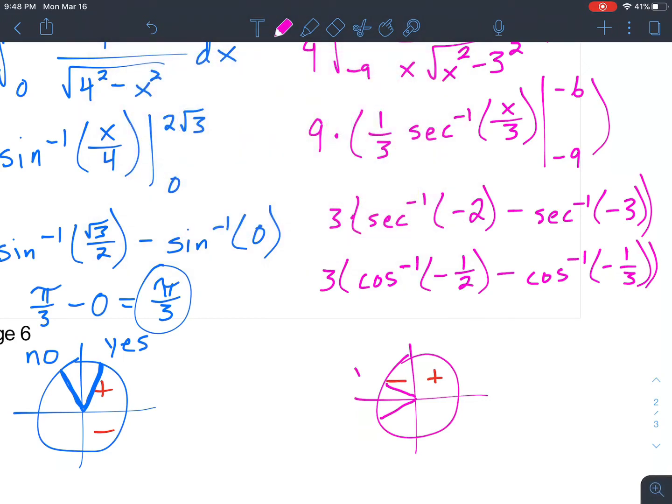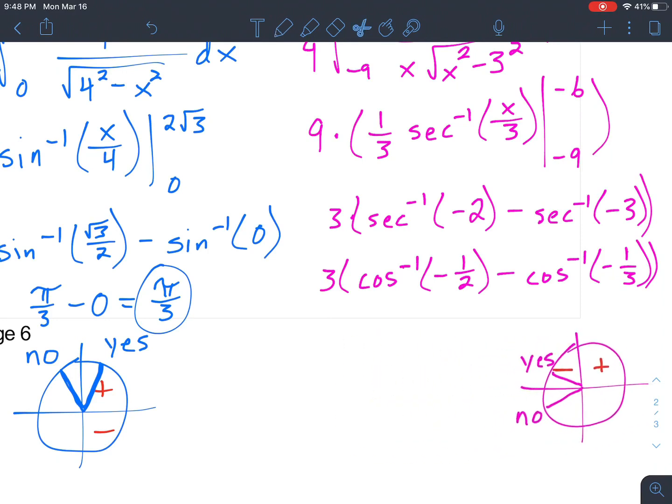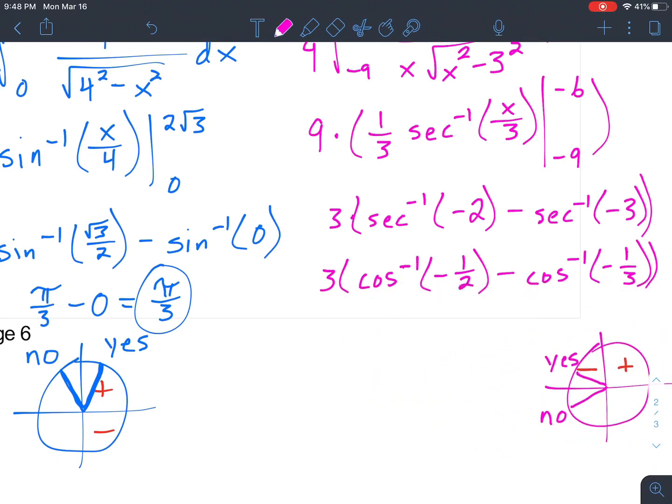So that tells us we want the value that we can find in the second quadrant. We do not want the value in the third quadrant. So, therefore, we will have 3 times, and that value over there is going to be 2 pi over 3.